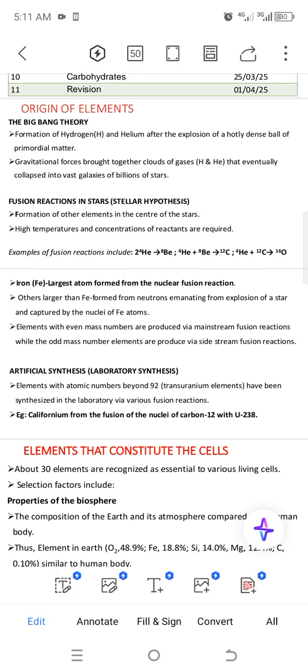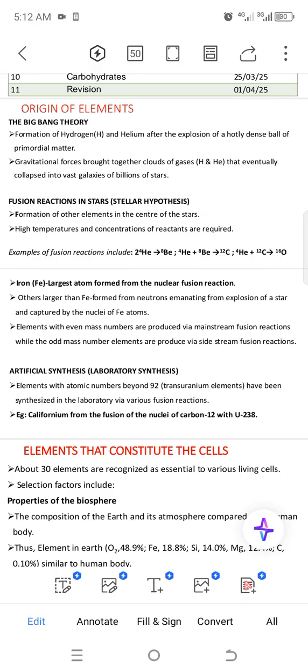So hydrogen and helium were gotten from the Big Bang theory. So the Big Bang theory helped us to gain hydrogen and helium. As we move on with our lesson, we will find out that the hydrogen and helium will also lead to the formation of other elements as well.